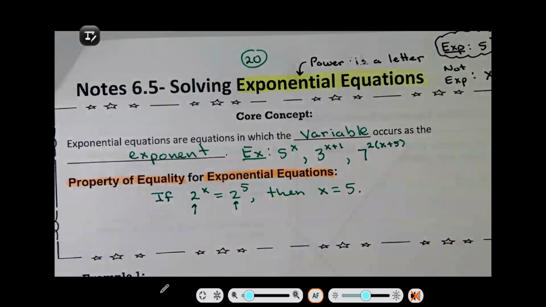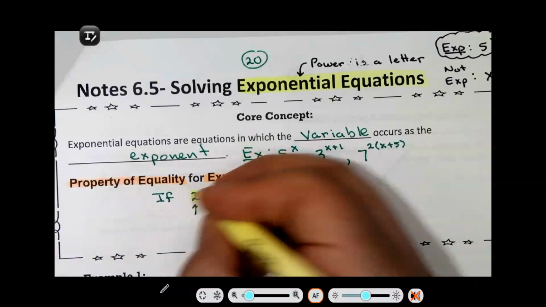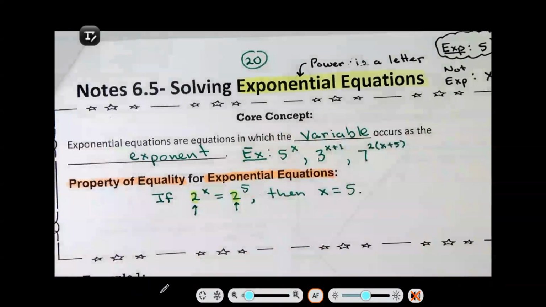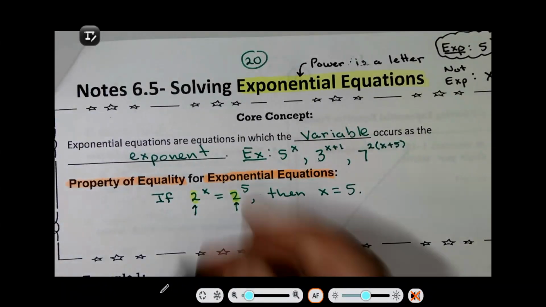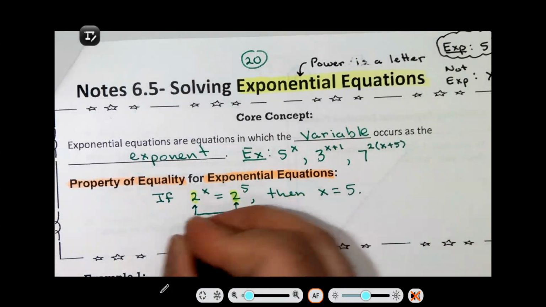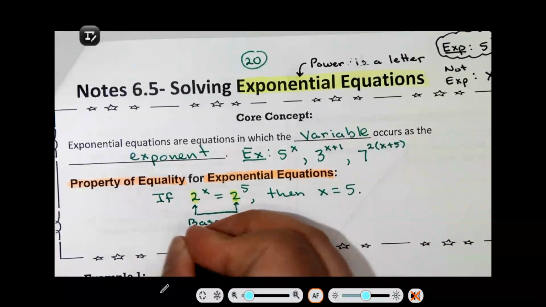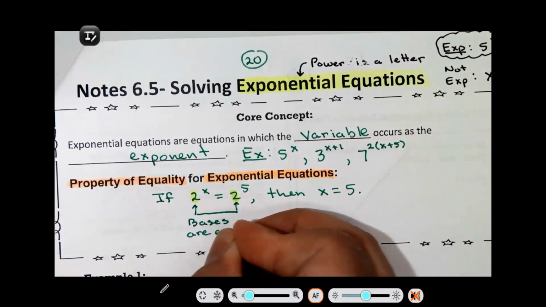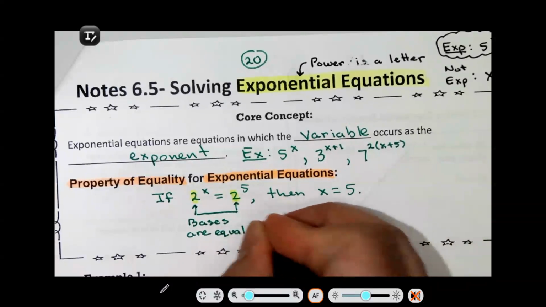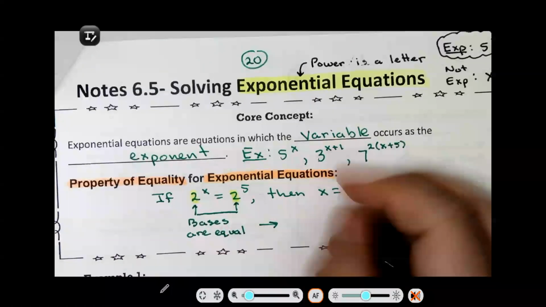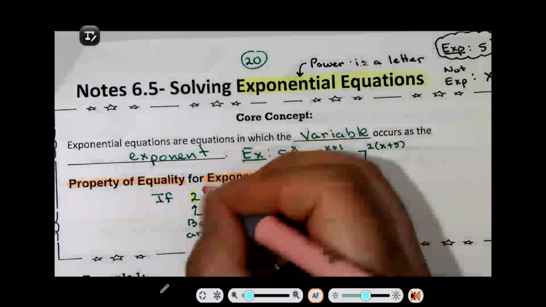If the bases are equal, so this is a base, this is a base, I'm not talking about powers. So the rule says, if the bases are equal, then, well, look at these things. These are the powers.